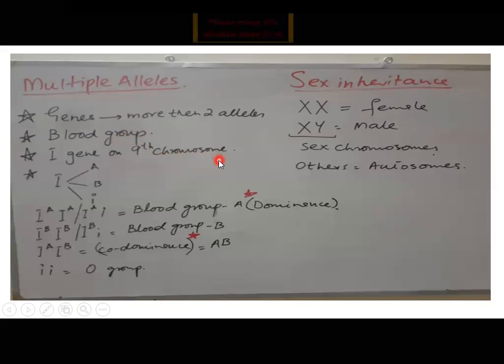The 9th chromosome is of course an autosome, because we have discussed that XX is for female, XY is for male, and these are the sex chromosomes. This is the 23rd pair of the chromosomes, and the rest are the autosomes, not the sex chromosomes.